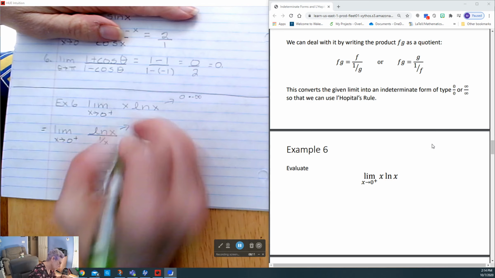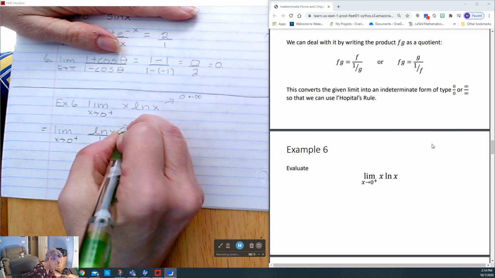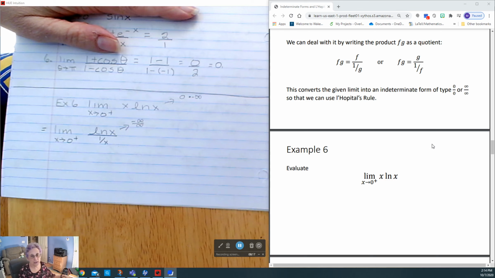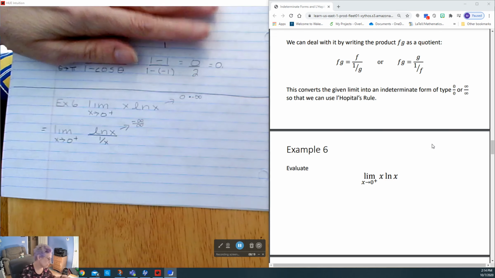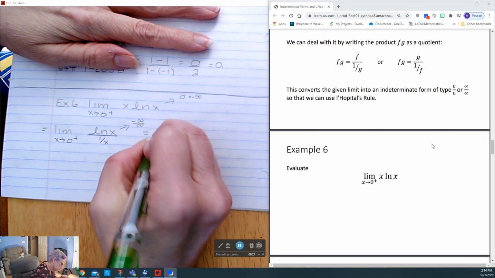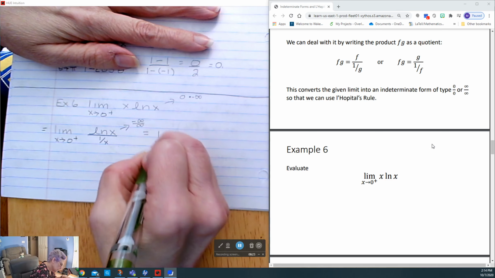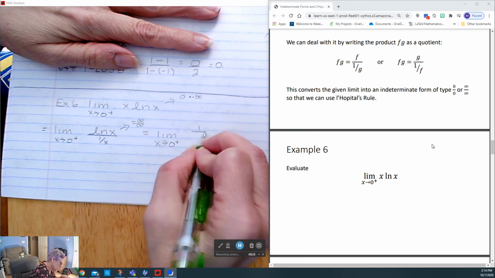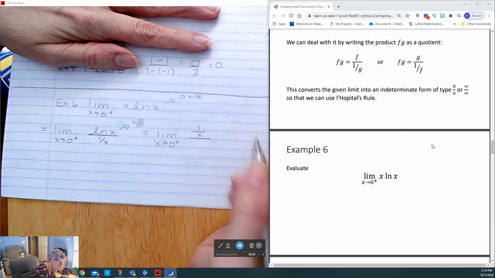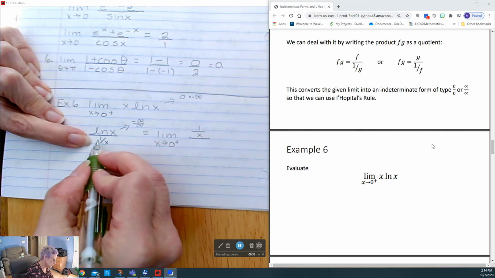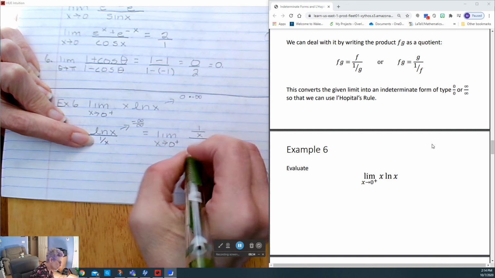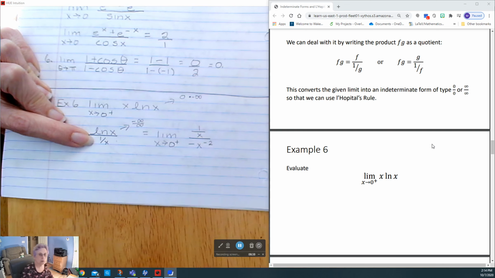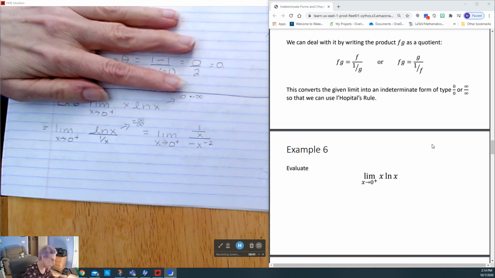But now, if x goes to 0, I have negative infinity over infinity, which is a L'Hopital ready indeterminate form. Limit as x approaches 0 from the right of 1 over x over, this is x to the minus 1 power, so minus x to the minus 2 power.